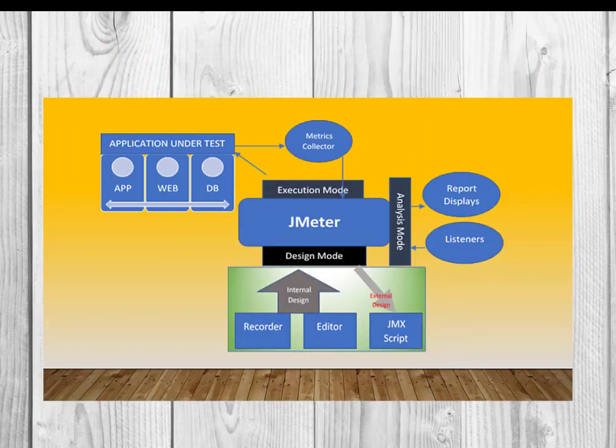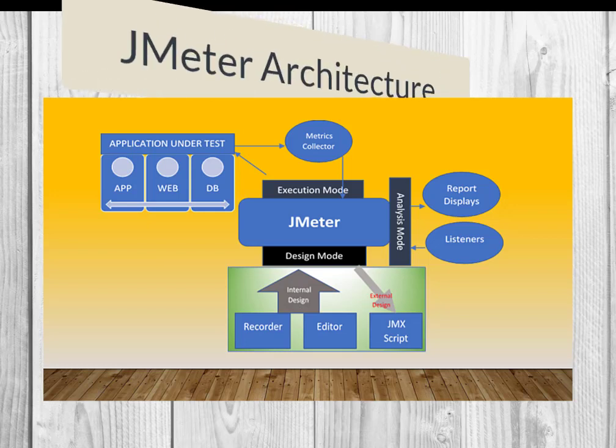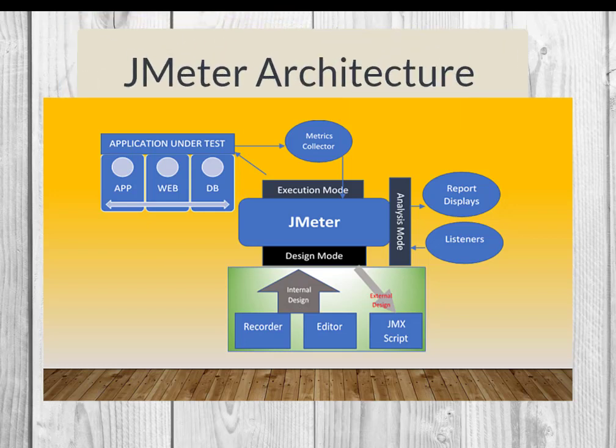JMeter interfaces with Java and is built upon the Java language to assist you with performance test activities. It works as a GUI IDE program and can run as a command line program. This extends its abilities to other platforms like Jenkins and BlazeMeter for automated job execution and cloud execution respectively.